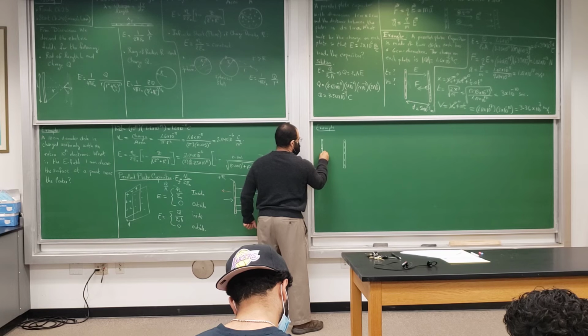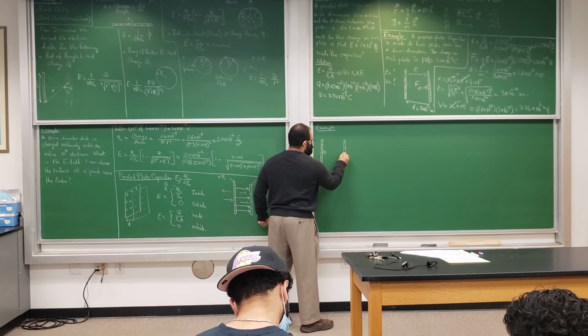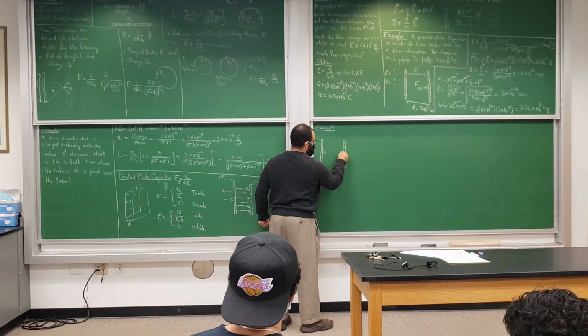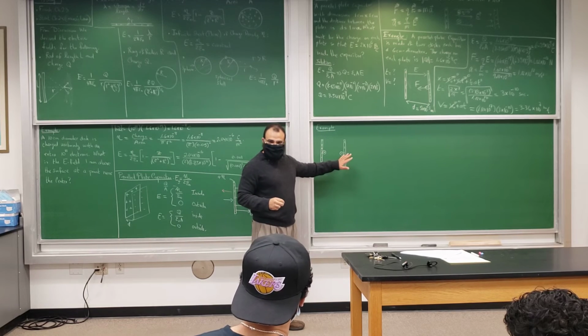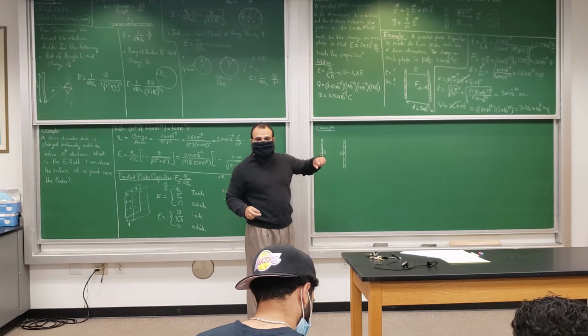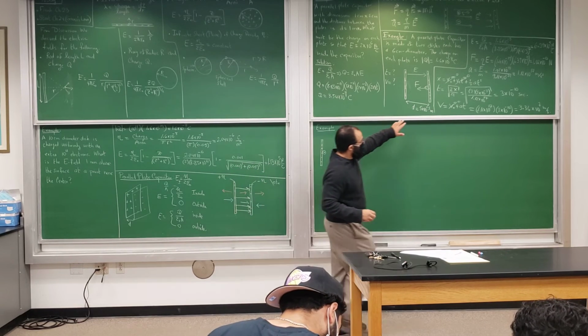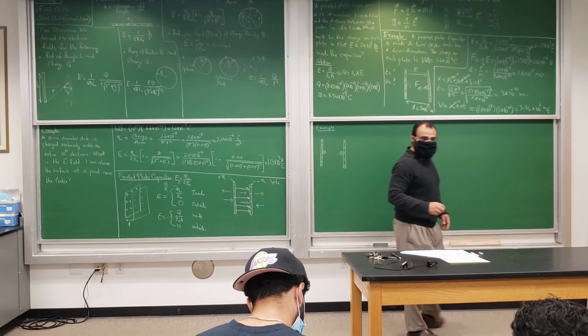And our electron will start here, right? Here's our electron. When it gets to here, at what speed is it moving? 0. If it hits the plate, it will stop. But right before it hits the plate, what was the speed? It was 3.36 times 10 to the 7th, right?